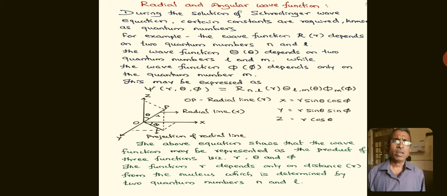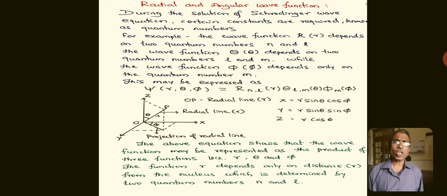For example, the wave function R, which is a function of r, that is the radius, depends on two quantum numbers n and l. n refers to the principal quantum number, which gives the location of the electron in terms of the orbit, and l is the azimuthal quantum number, which gives the location of an electron with respect to subshells.